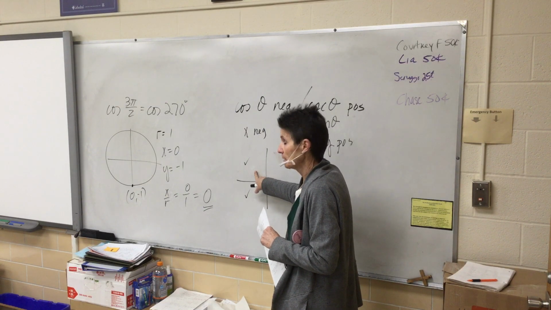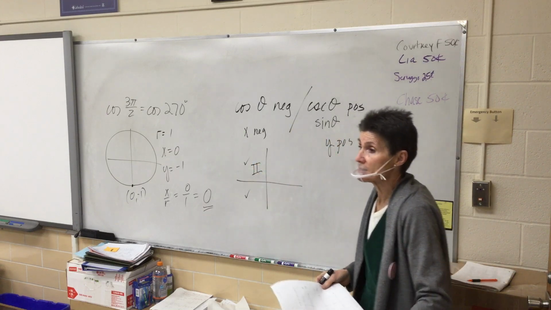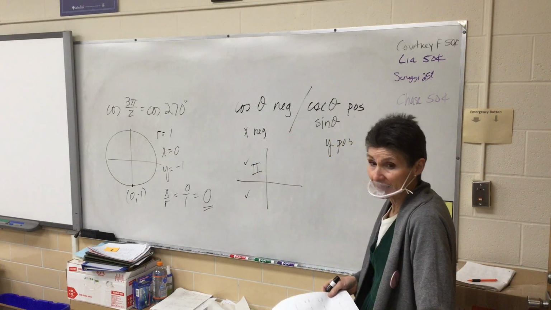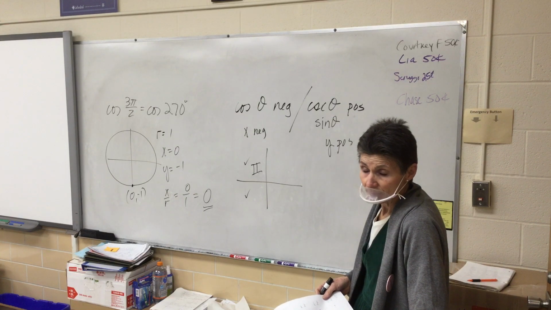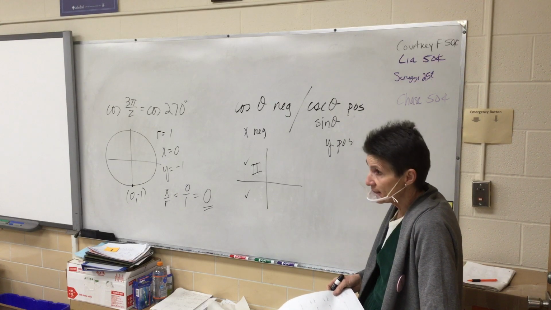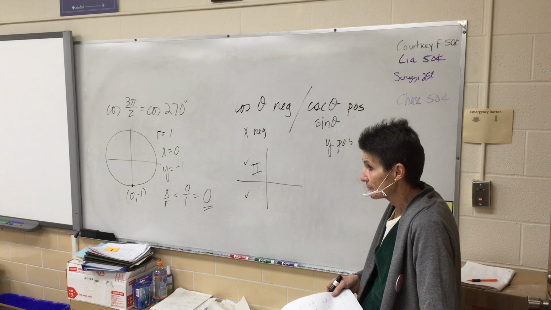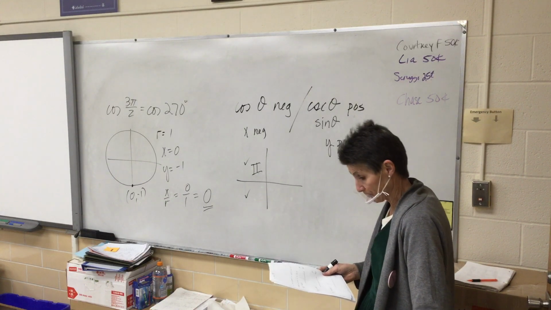Quadrant 2. So the answer to the question is quadrant 2, because that's where x is negative and y is positive. Cosine is x, sine is y. And cosecant is the same as sine, reciprocal of sine.